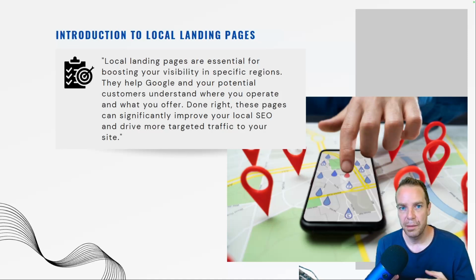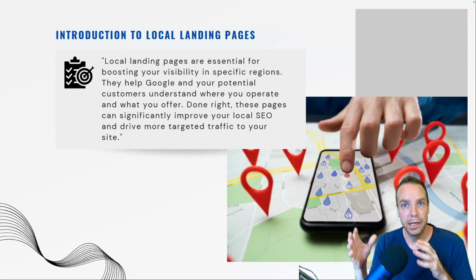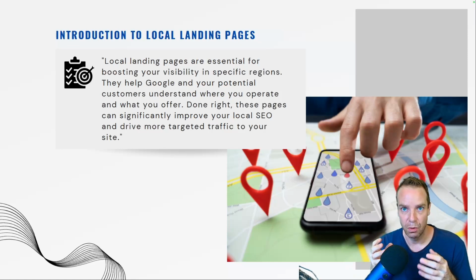Local landing pages are pages on your website that target specific locations in your area. For example, when you have a business in London, you make specific pages for the specific areas in and around London, and also for the specific services you are offering.